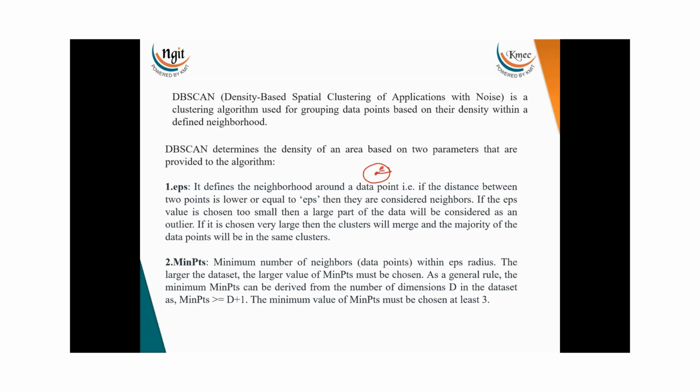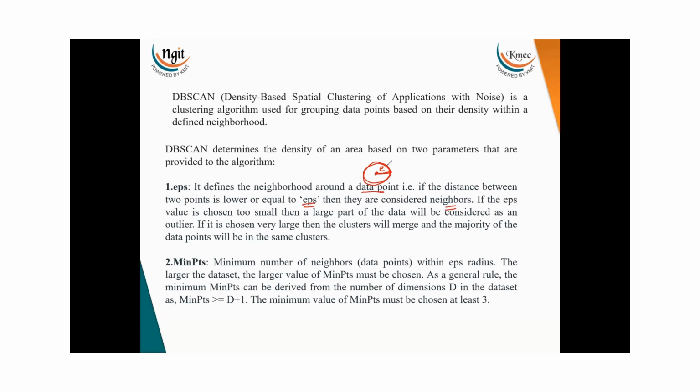This represents a radius which is used to find the neighborhood around those data points. If the distance between any two points is less than or equal to epsilon, then we consider them as neighbors.